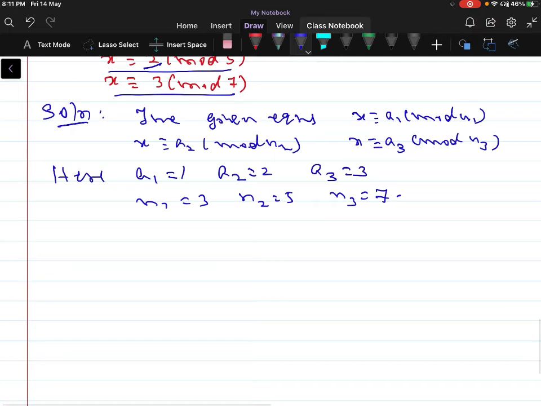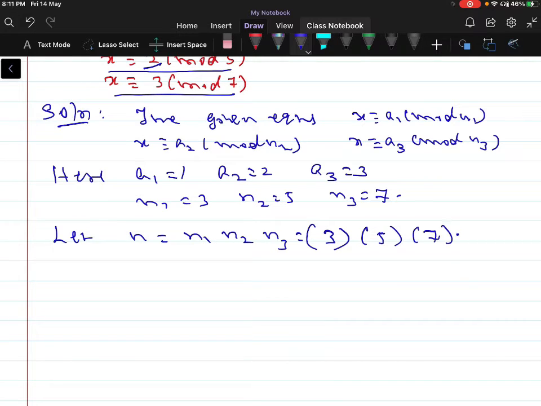Now let us define the number n, where n is equal to n1 into n2 into n3, that is 3 into 5 into 7, so that is equal to 105.